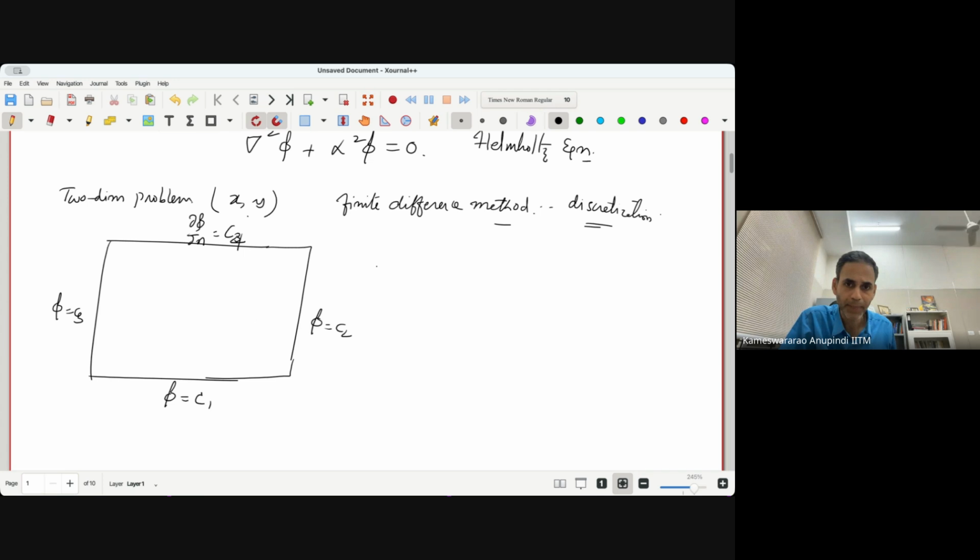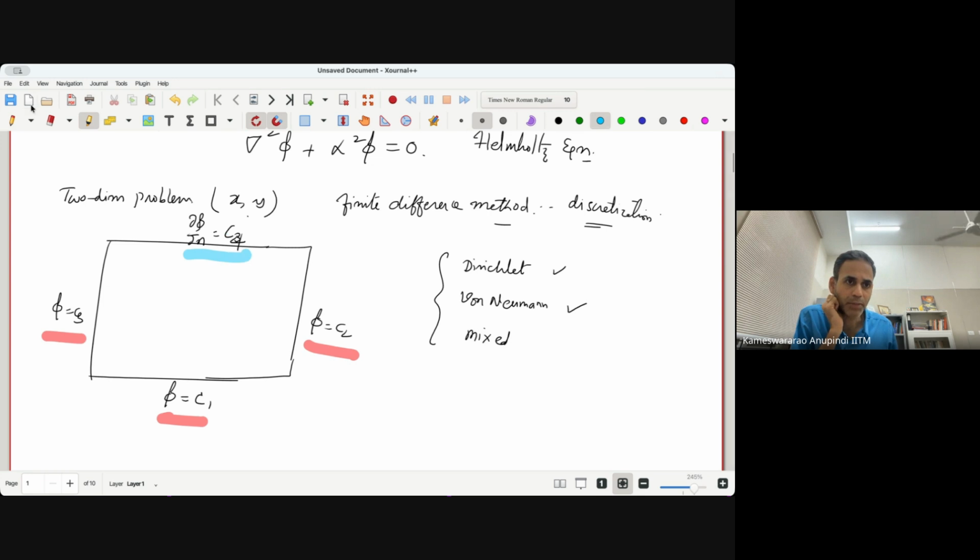As we said yesterday, the boundary conditions could be a Dirichlet boundary condition, in which the value of the dependent quantity is specified, or a Neumann boundary condition, in which the normal gradient of the dependent variable is prescribed, or mixed, a combination of Dirichlet and Neumann. I have shown here a Dirichlet and Neumann combination, with one Neumann boundary condition applied on the top. Now we have to discretize this.